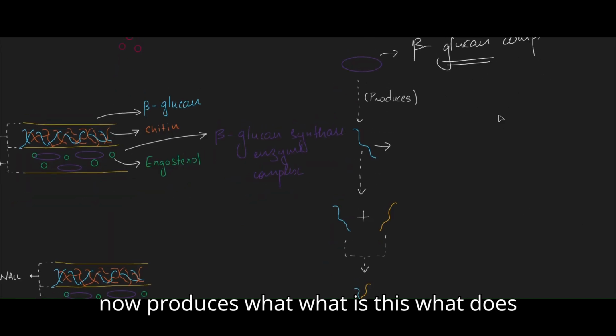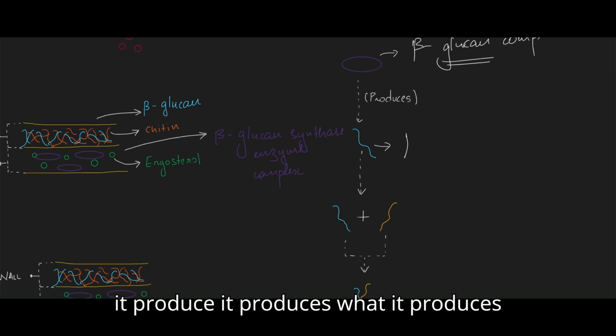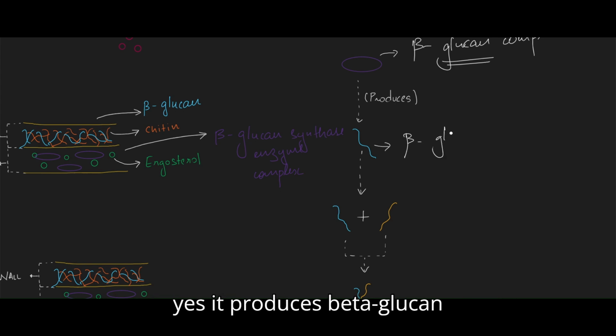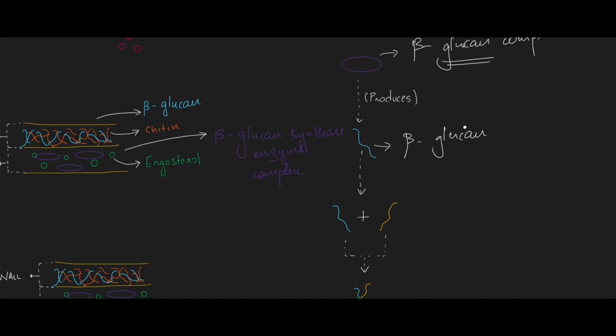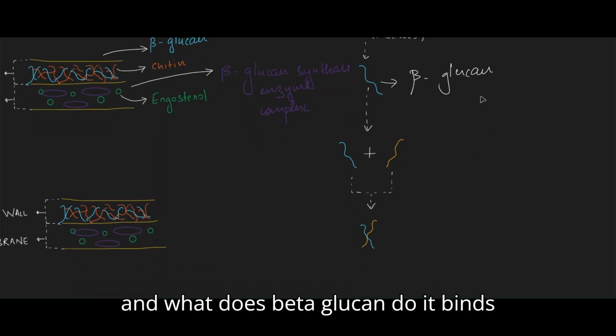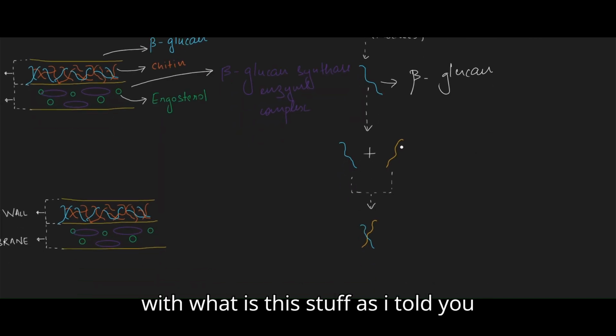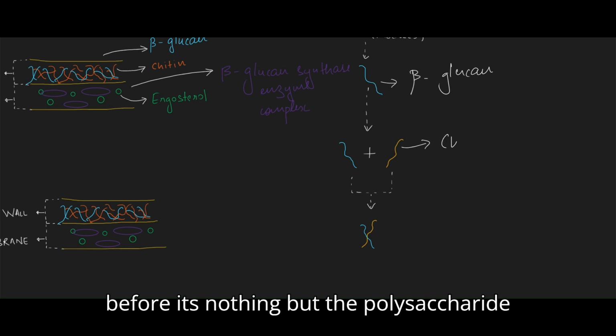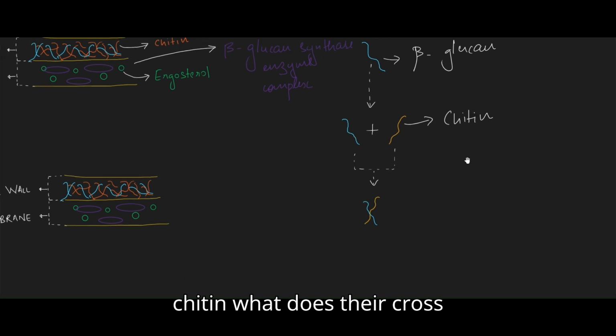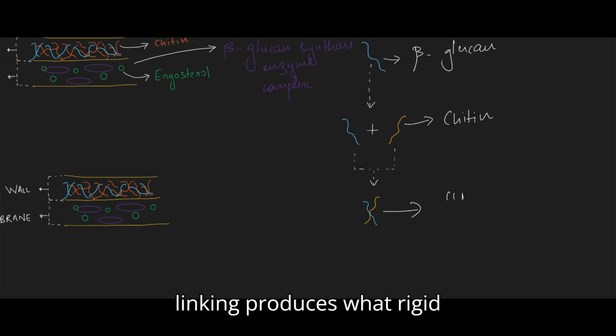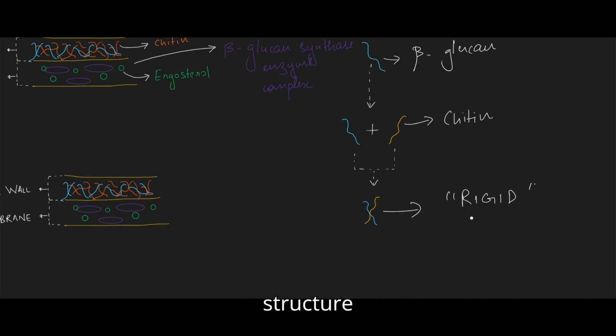What does it produce? It produces beta glucan. And what does beta glucan do? It binds with, as I told you before, the polysaccharide chitin. What does their cross-linking lead to? Their cross-linking produces a rigid structure.